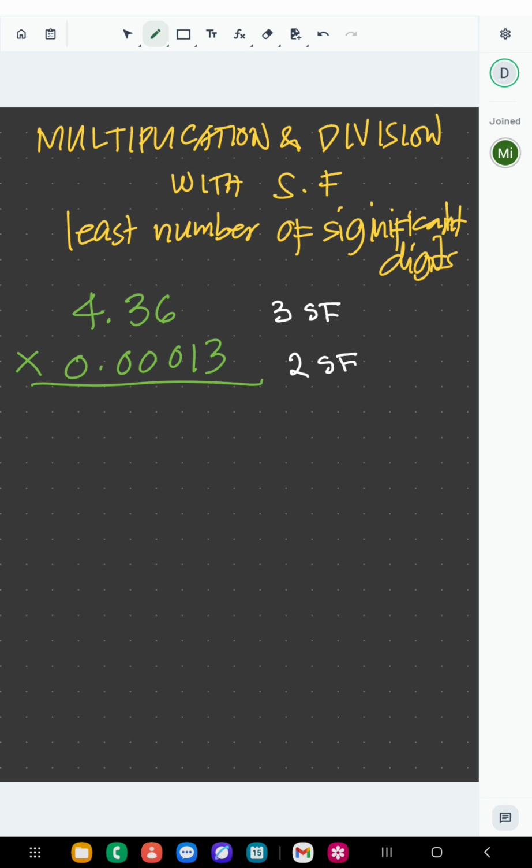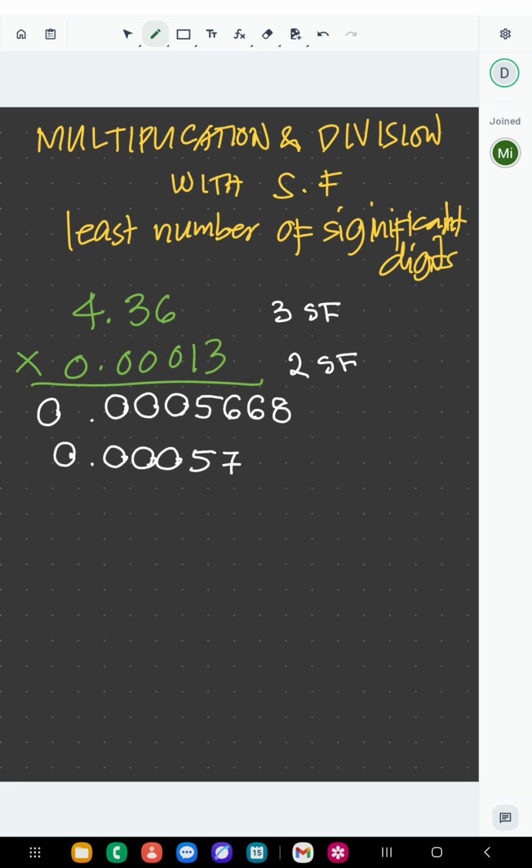Can you multiply them? You give me the whole answer and then you round this off. So least number of significant digits, so it's 2. The answer should have 2 significant figures. Yeah, that's right. You're fast.